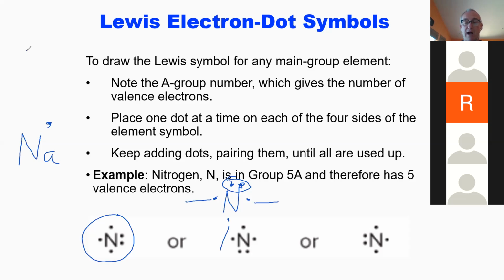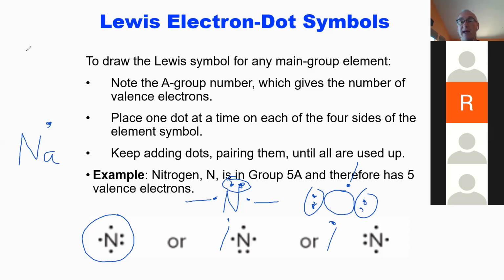The same is true for oxygen. We would go 1, 2, 3, 4, 5, 6 valence electrons, because it's in group 6. It would keep this lone pair, and make 1, 2 bonds.